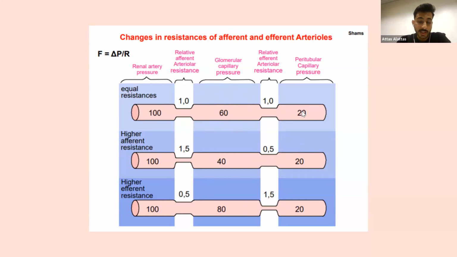So this will not affect the peritubular capillary pressure, but it will affect the glomerular capillary pressure. But this is just a hypothetical or theoretical case. This won't happen in real life. This is the only pressure that changes. Other pressures don't change.